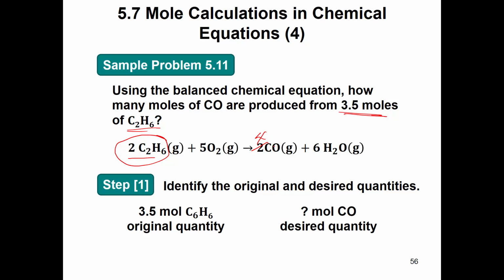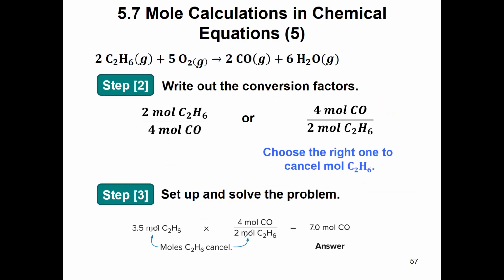So I'm going to use the ratio between C2H6 and CO in order to figure out how many moles of CO I can produce. So, now let me correct this before we get too far. Okay, so the conversion factors would be for every 2 moles of C2H6 I can make 4 moles of CO.